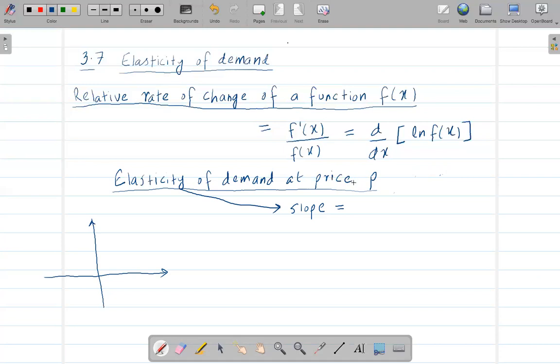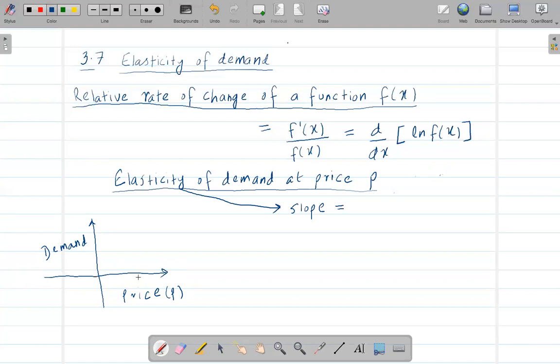With this graph, we're going to say the x-axis is the price, let's say P, and the y-axis is demand. The demand depends on the price.